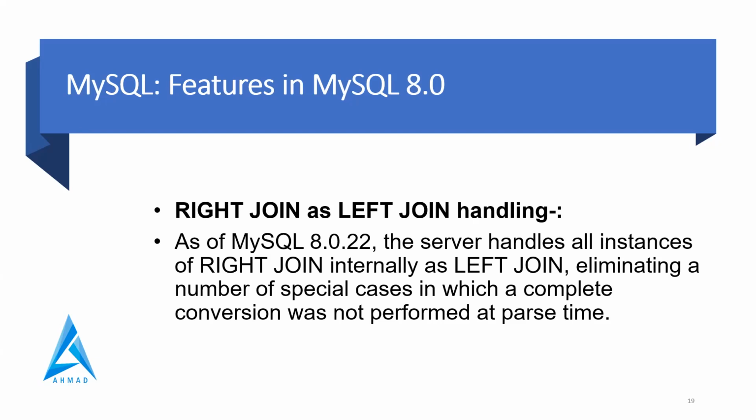We know that whenever a query is executed, syntax checking happens, then semantic checking happens, then parsing happens. So like that, in MySQL 8, parsing happens. So in that phase, this improvement will work.